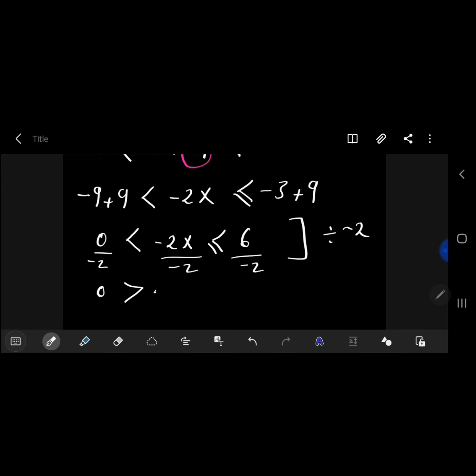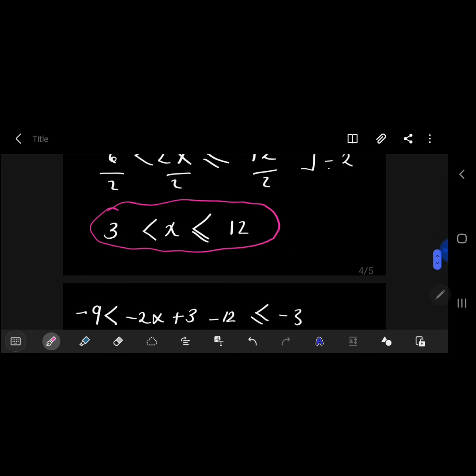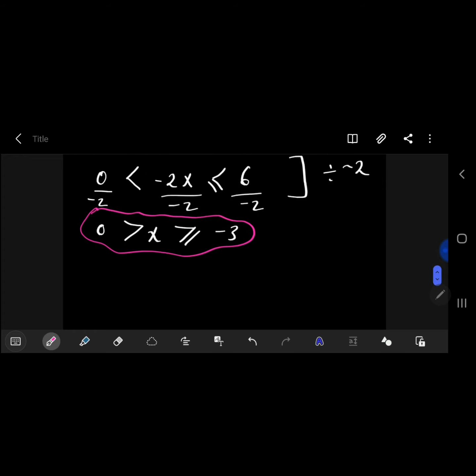Bigger than x, bigger than or equal to minus 3. So this is the second value of x. Okay? So I found the first value here. This is the first value of x. This is the second value of x.